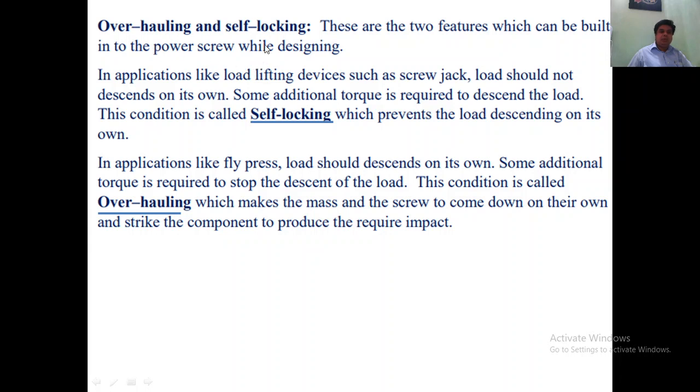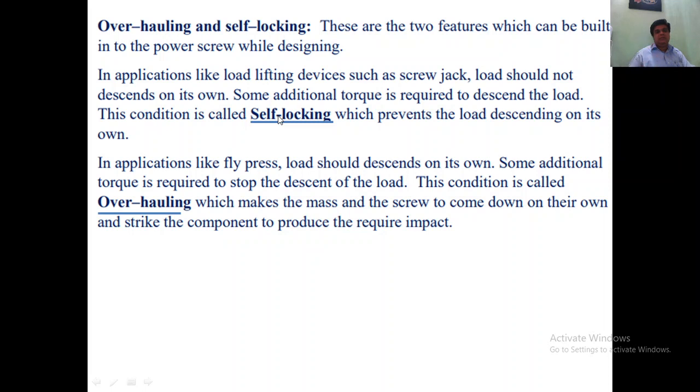We have two concepts called overhauling and self-locking. For example, in a screw jack, when you rotate the power screw manually or by motor, the load is lifted, and we want the load to stay there for some amount of time without coming down by itself.